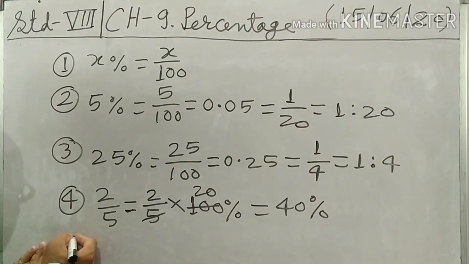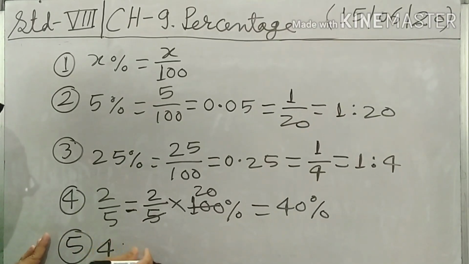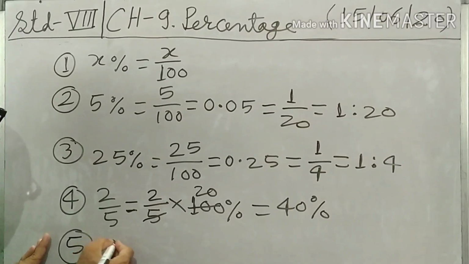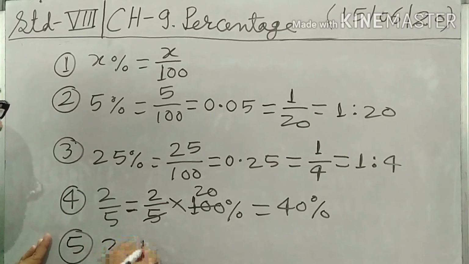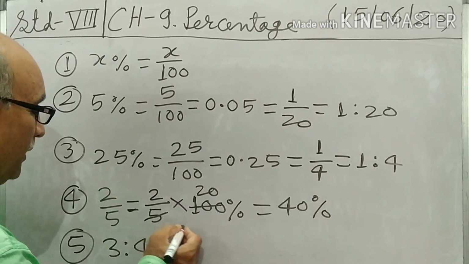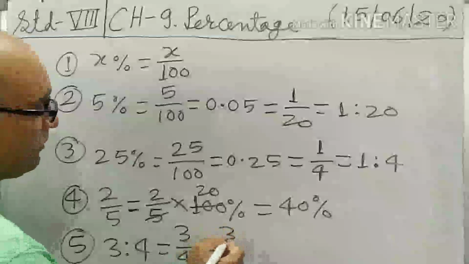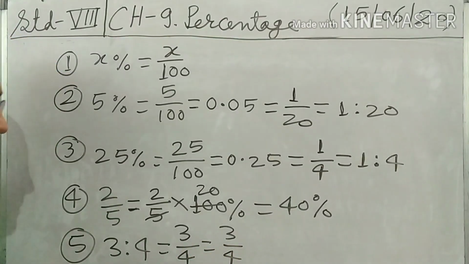And one more thing. A ratio, 3:4. First of all it is changed into the fraction 3 by 4. Now 3 by 4 is changed into percentage.